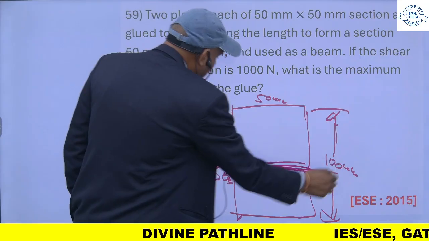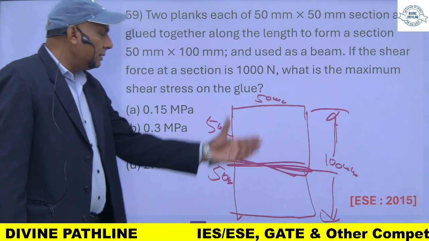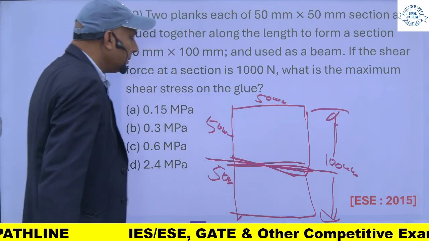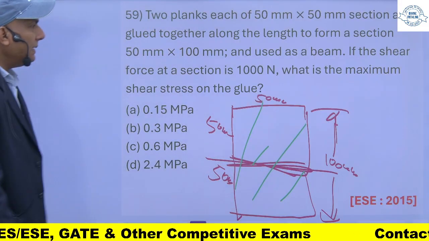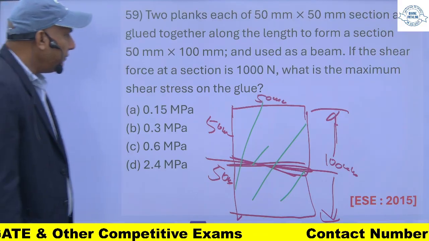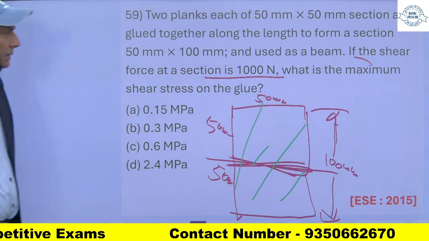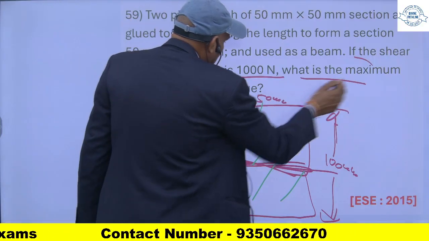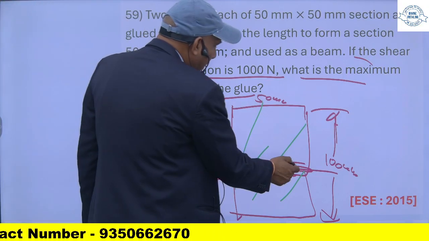There are two planks, so the total becomes 100. They are glued together to form a section of 50 by 100 mm and used as a beam. If the shear force at the section is 1000 Newton, then what is the maximum shear stress on the glue?